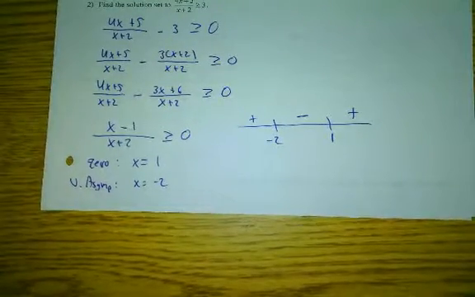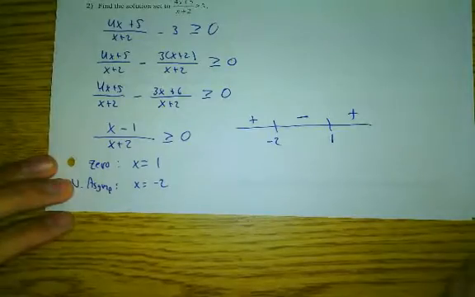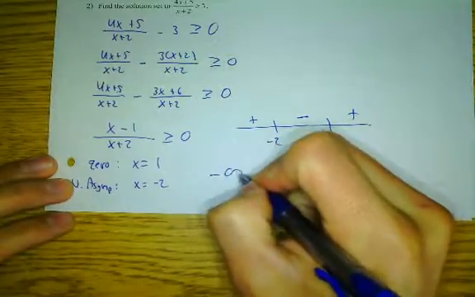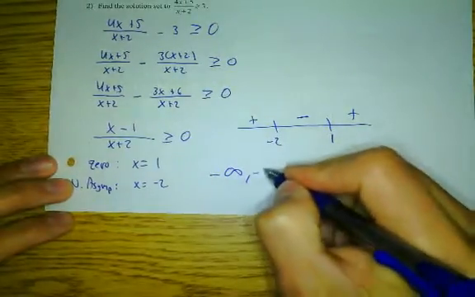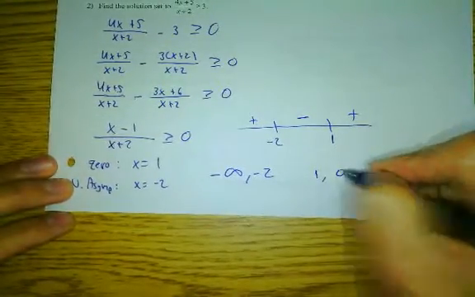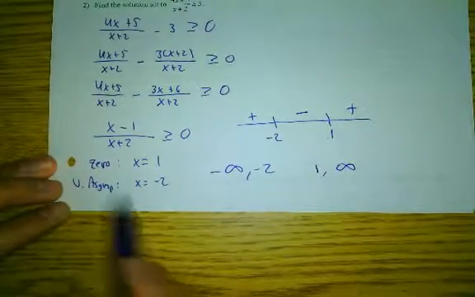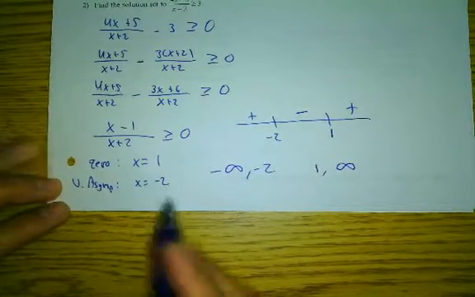Now, I want to bring your attention, I want to pause this for a second. Remember that x equals negative 2 was an asymptote. Can you cross a vertical asymptote? No. So should you use a bracket there? No, this should be a parenthesis. However, can I use a bracket with the 1? Yes. And you should, because we're looking for when it's equal to.